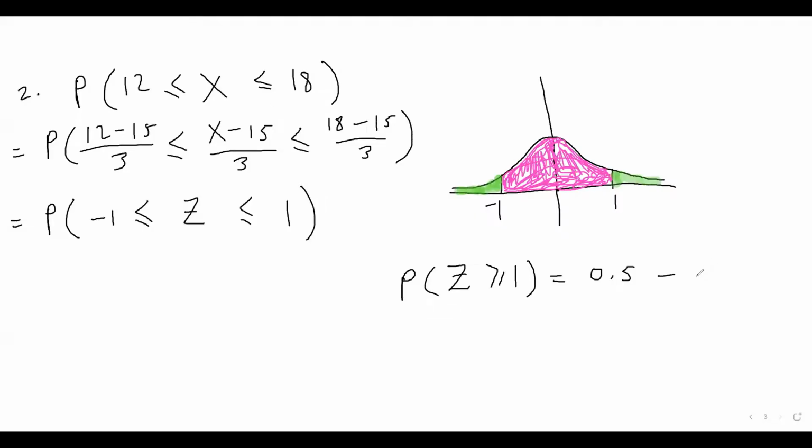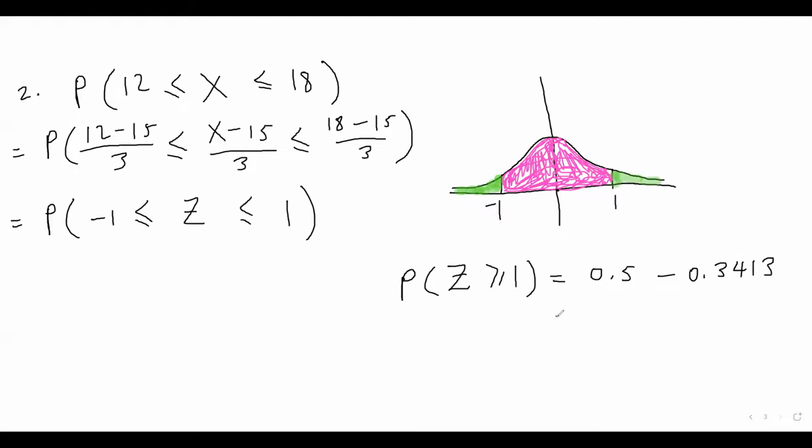Okay, we go back to the whiteboard now to complete our calculation. So now the probability that Z is at least 1 is equal to 0.5 minus 0.3413. Very clear, right?